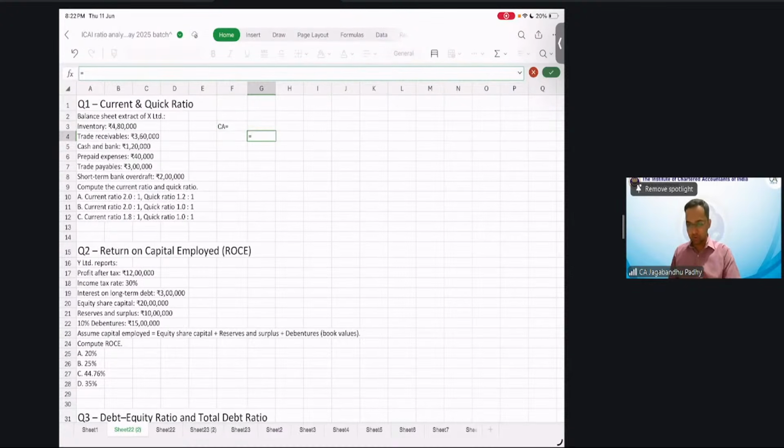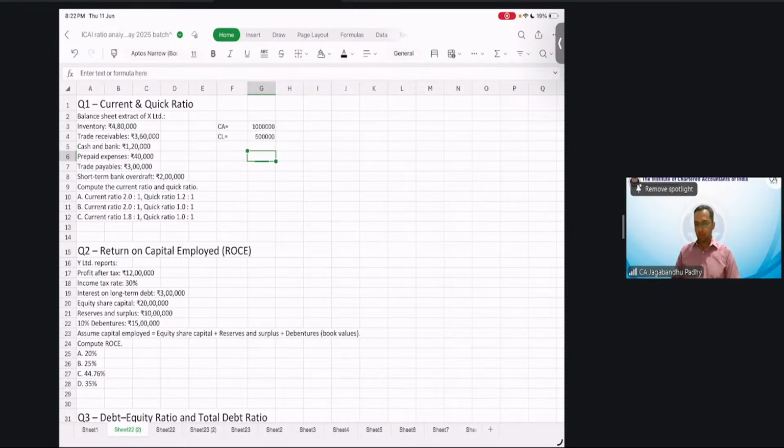Current assets are equal to 3,60,000 of receivables plus 4,80,000 of inventory, cash and bank balance of 1,20,000, and prepaid expense of 40,000. Current liability is 3 lakh of trade payables and bank overdraft of 2 lakh. So current ratio is simply 10 lakh divided by 5 lakh, which is 2.